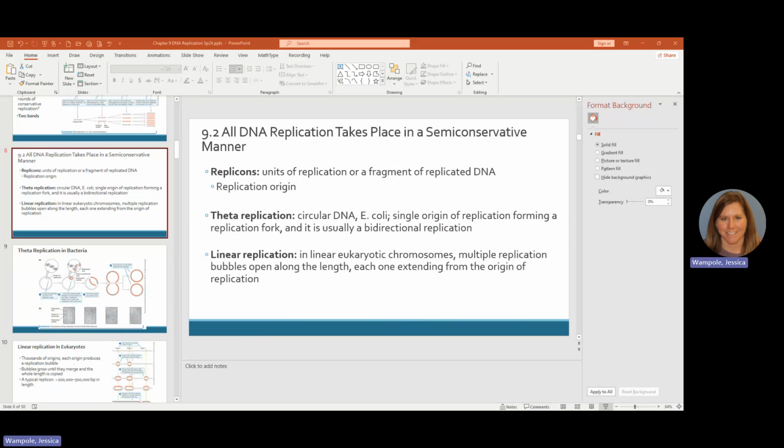All right. Not too much to see here, except this is the replication fork that we are going to be talking about. So this is if we have a replication bubble that starts at the origin, and then each of these areas on the side are called a replication fork.